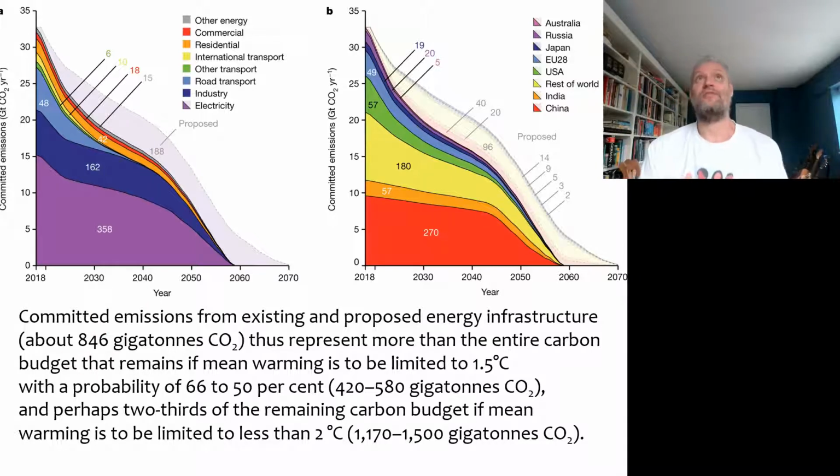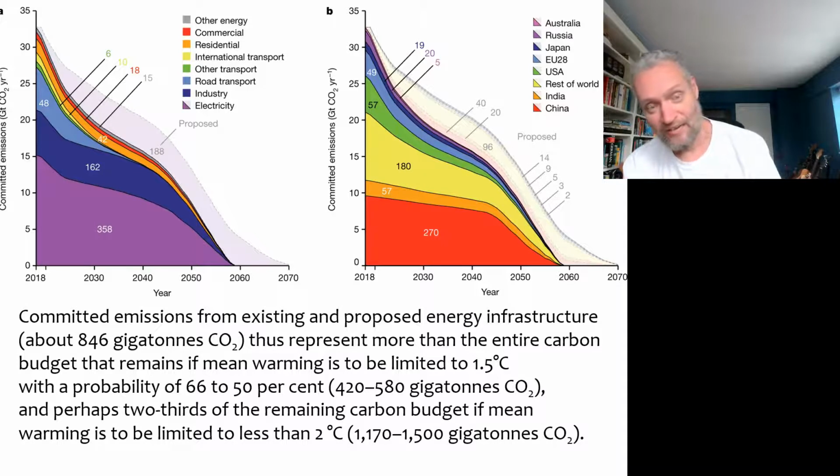Now, the implication of this is that if you want to cut emissions really, really deep, then you have to prematurely retire capital. It's relatively cheap to replace stuff if it has reached the end of its useful life.